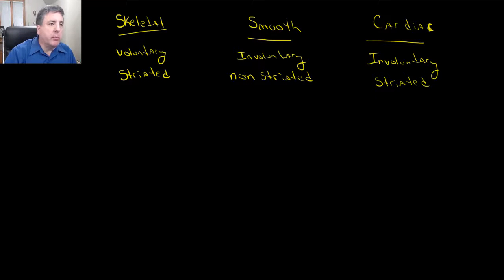Skeletal muscle is multinucleated, meaning each muscle cell has multiple nuclei attached to it. When we get into the muscular system, I'll explain how that happens. The smooth muscle has one nucleus.